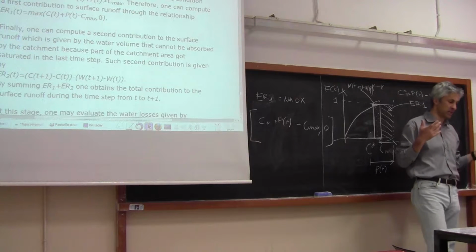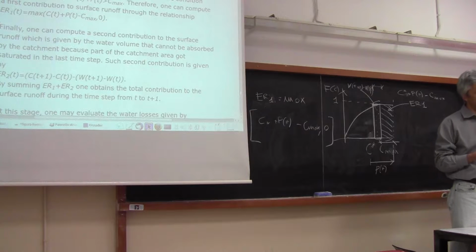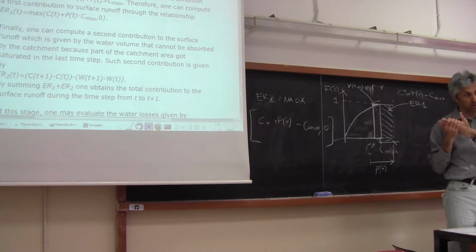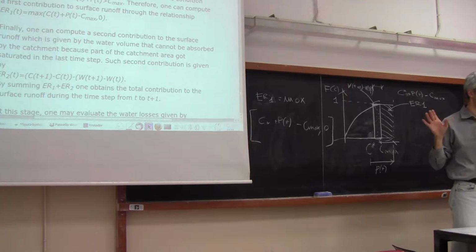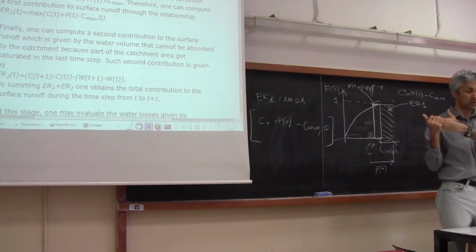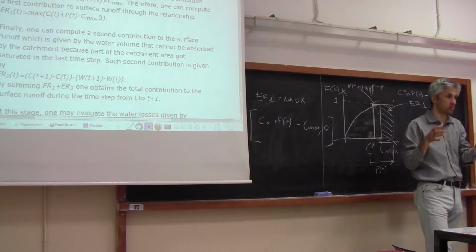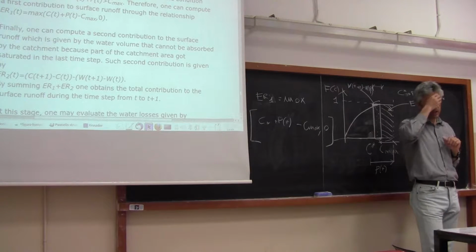Basically the literature says that if you use the model to reproduce one flood event only, and this is our purpose, because so far we are dealing with estimation of peak flow and design hydrograph, this is our context of application, then you may ignore evapotranspiration. And why is that?